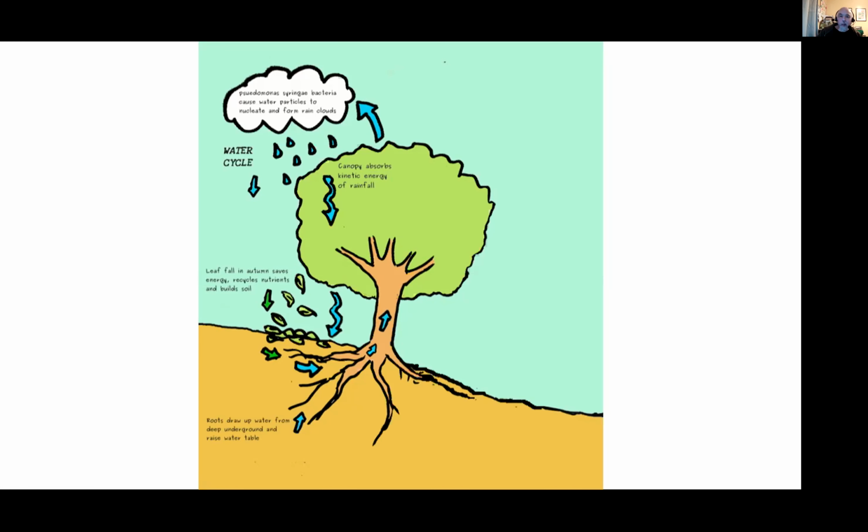But what actually happens is that rain will hit the leaf surface, it will hit the canopy, and the canopy of the trees will absorb the kinetic energy of that rainfall and slow it down. So instead of that rain hitting the earth with really high kinetic energy causing that damage, the rain is actually going to go through the tree and reach the ground in a much more gentle way.